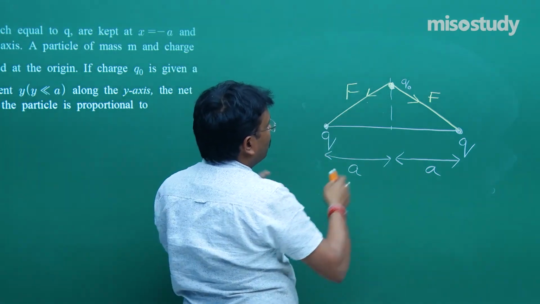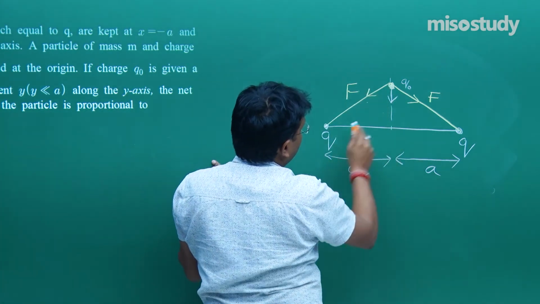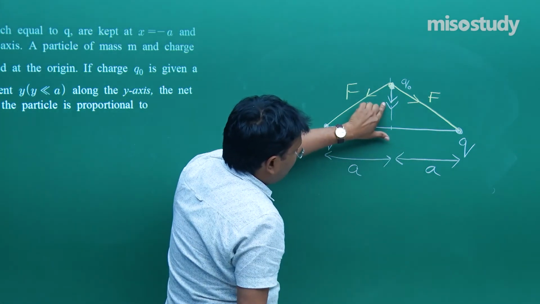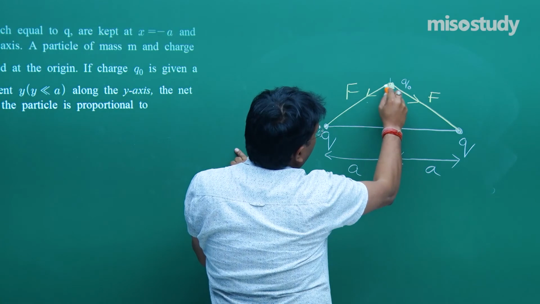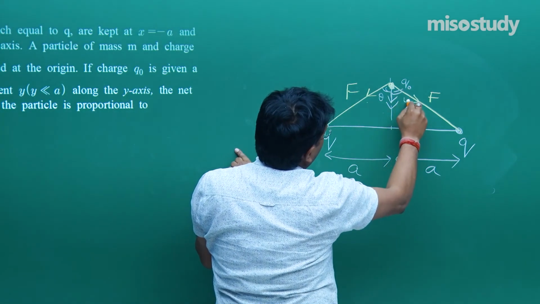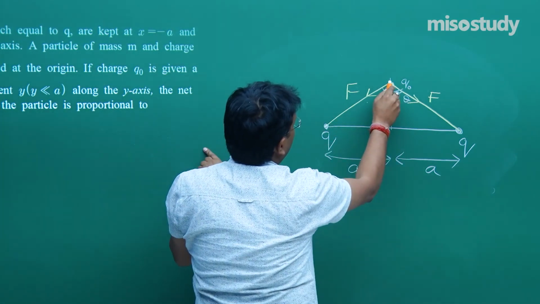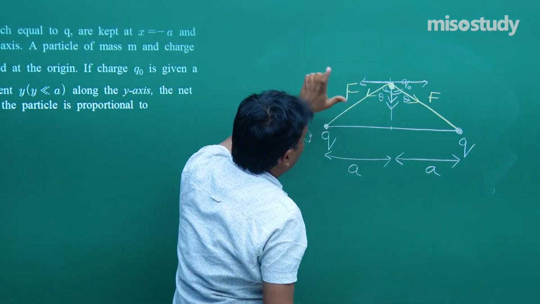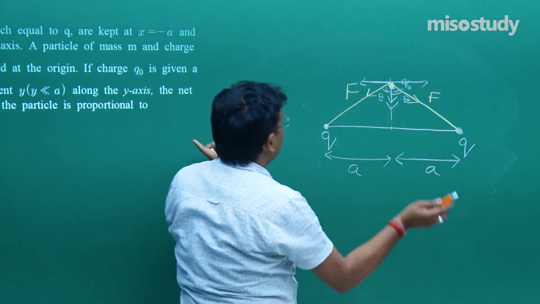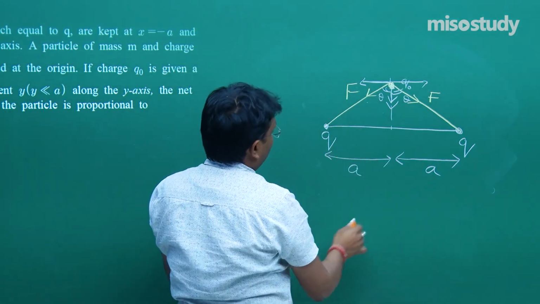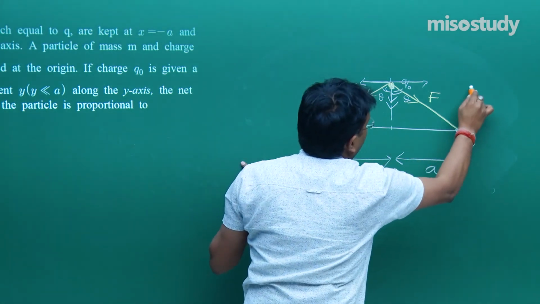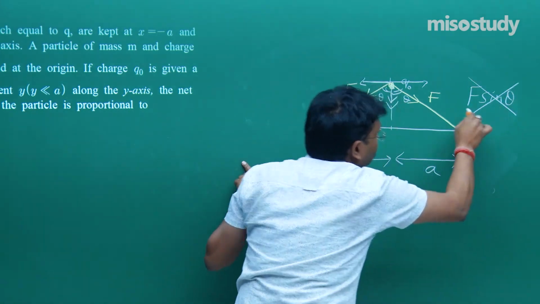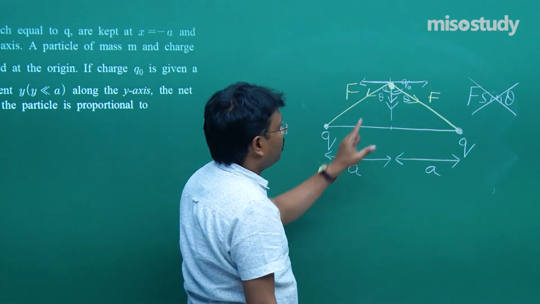Now, break the components. So, my dear students, this and this. What will you get finally? Let's say this angle is theta. That is one component, the sine component, over here and here. That sine component is anyway not useful for us. Simply say F sine theta is not required, because they will cancel out each other.